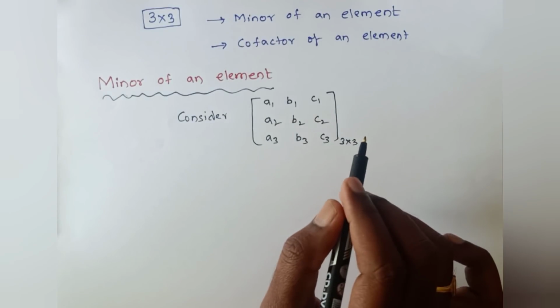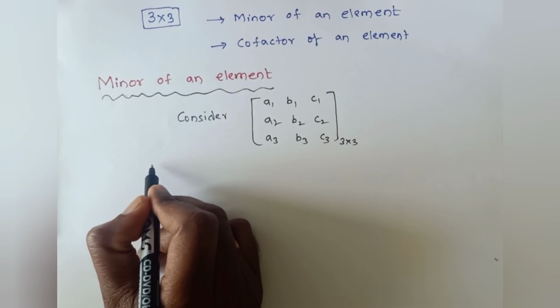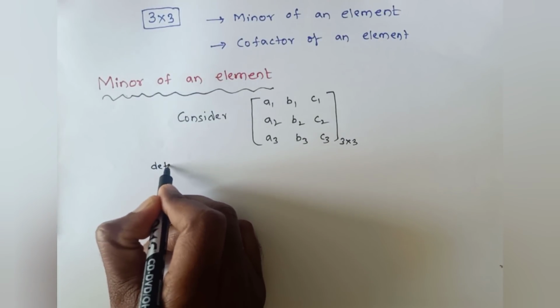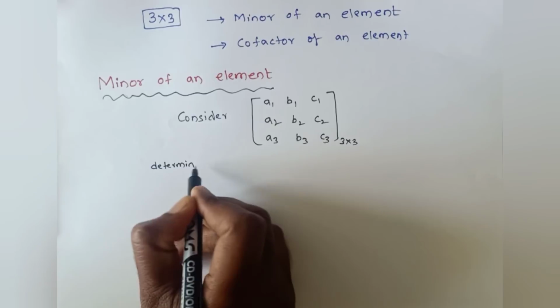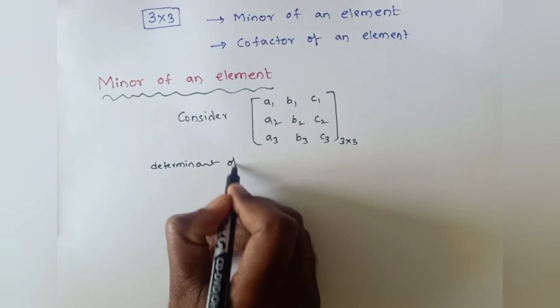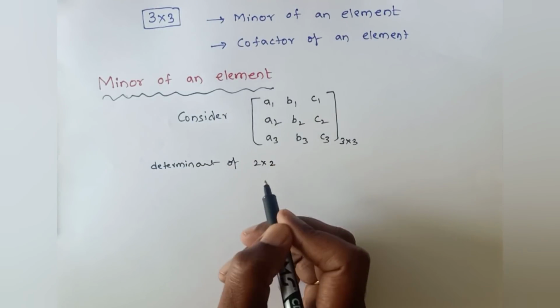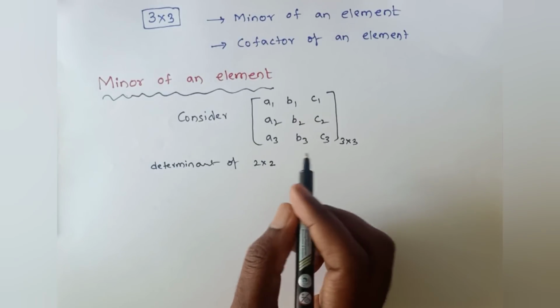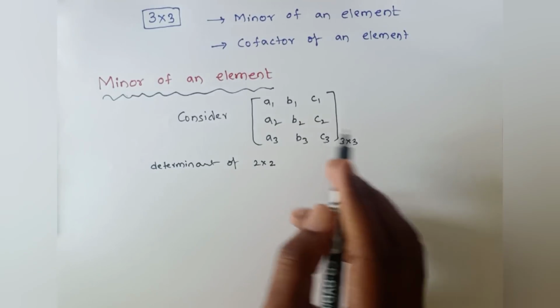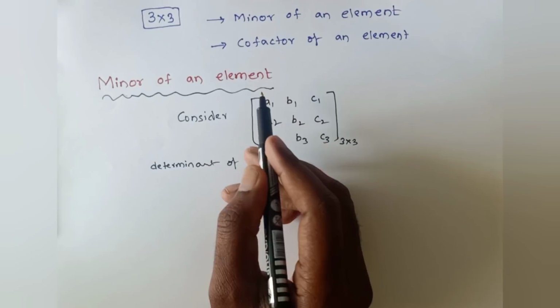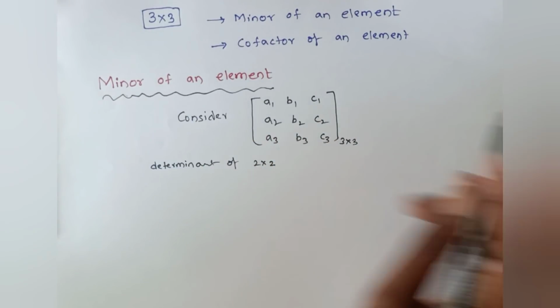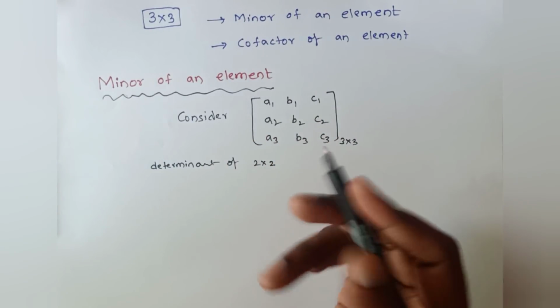The minor is defined as the determinant of a 2 by 2 matrix, which is obtained after deleting the corresponding row and column in which the element is present.